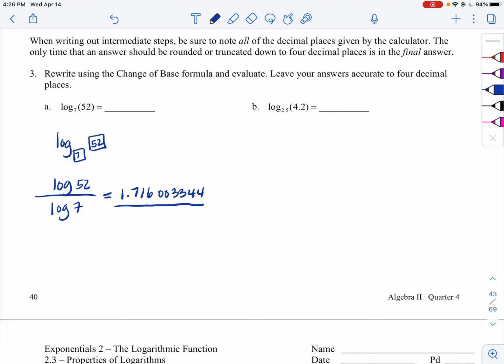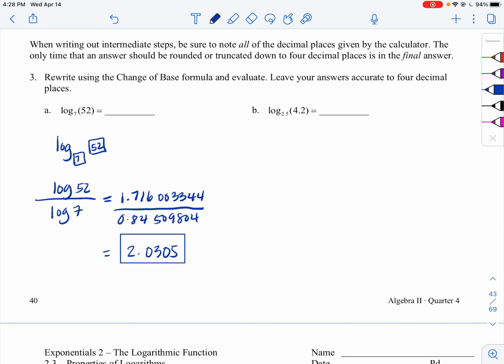Over, you do log of 7 and write every single number that you see, and then the answer to this is going to be, you can now round to 4 decimal places. Okay, there you go. If you need help with your calculator, of course, I'm going to cover that during class.